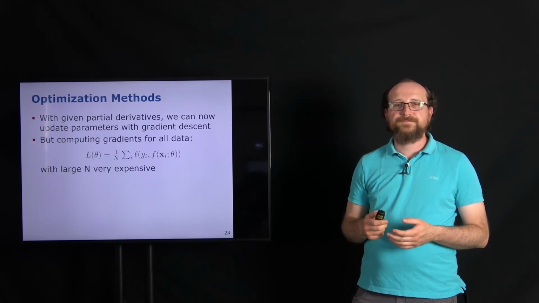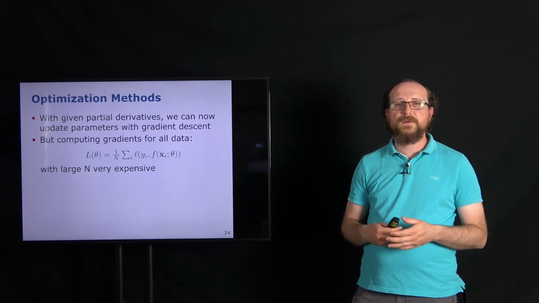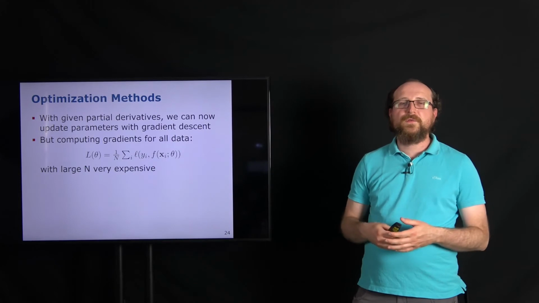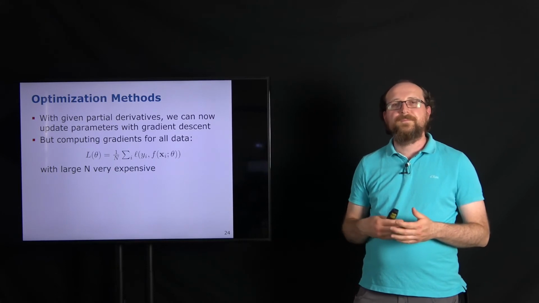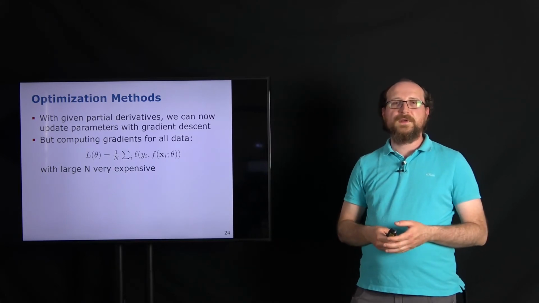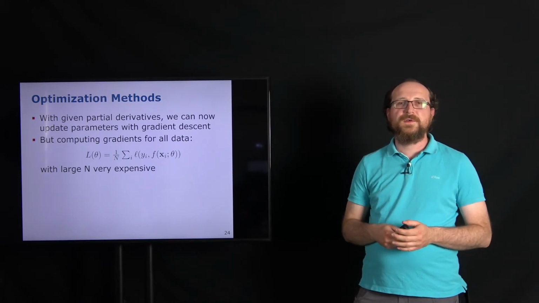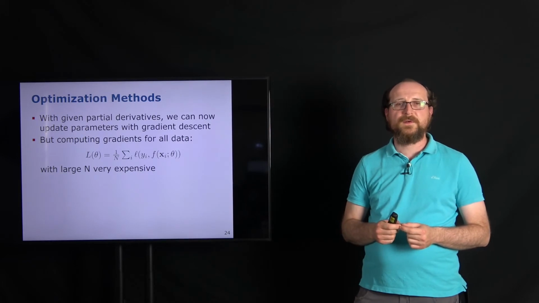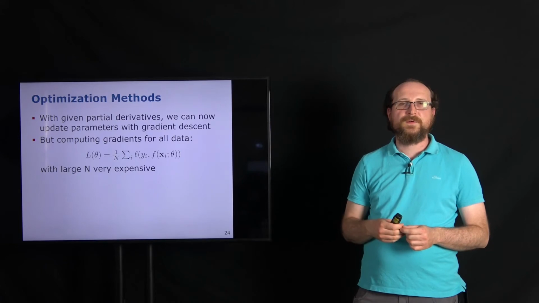And with gradient descent, we are computing basically the gradient. And computing the gradients for all the parameters, when we have a very large data set, is very costly in the end. And it turns out that it's much more efficient if we are just computing the gradient vector on a part of the data, and then just use this to move in this direction a little bit.